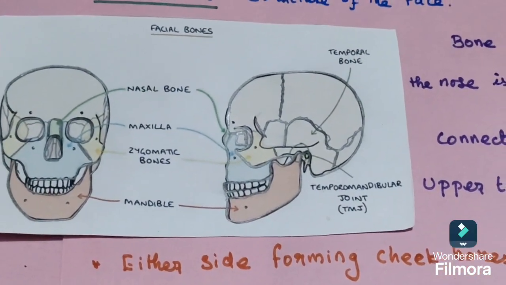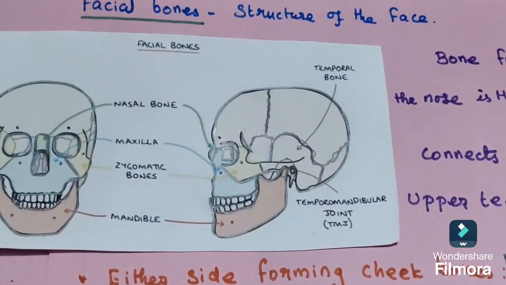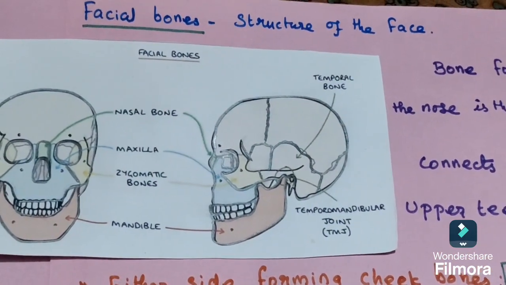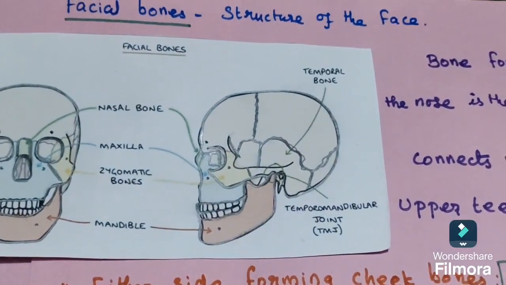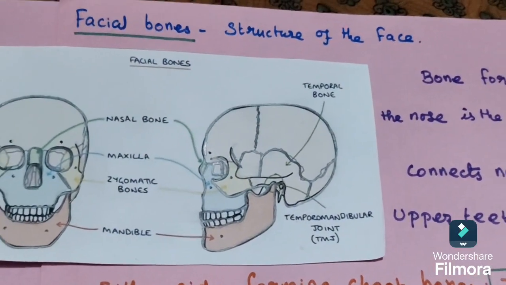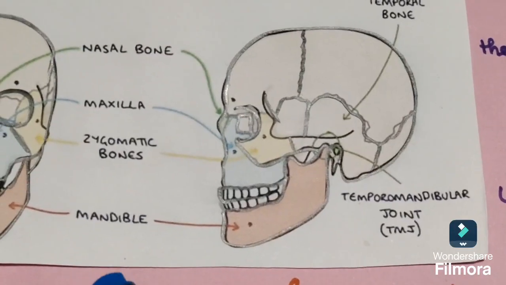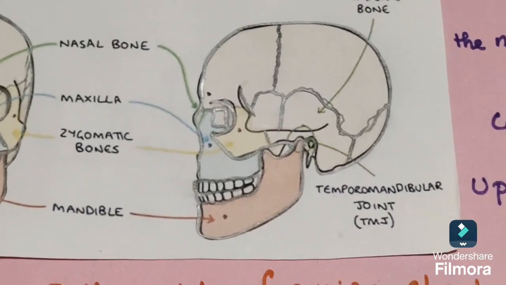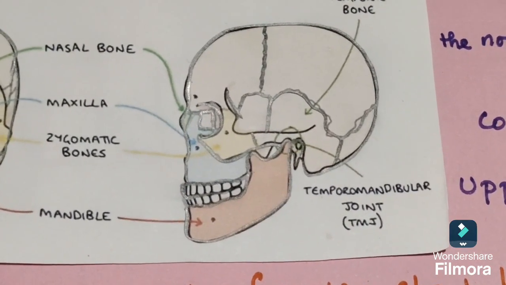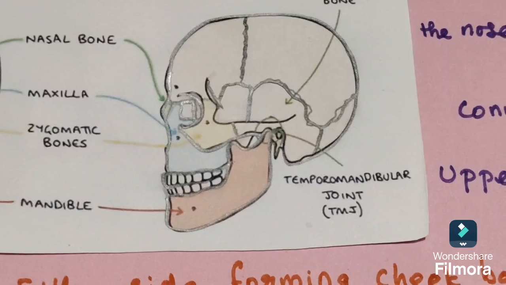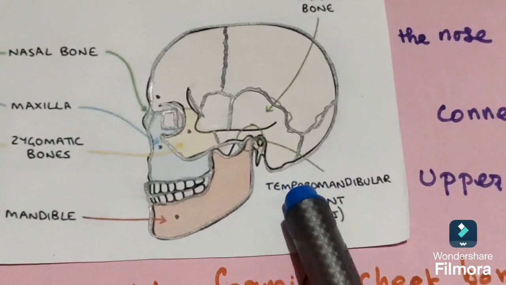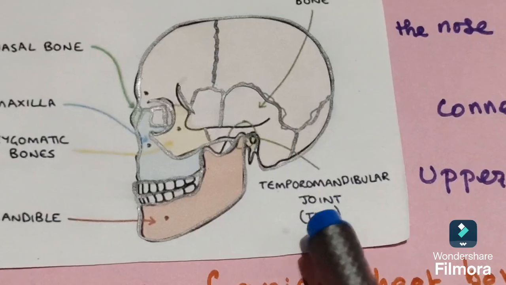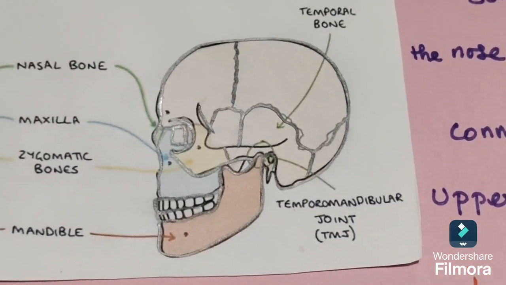Finally, the jaw bone is called the mandible. The mandible connects to the temporal bone at the temporomandibular joint, TMJ.